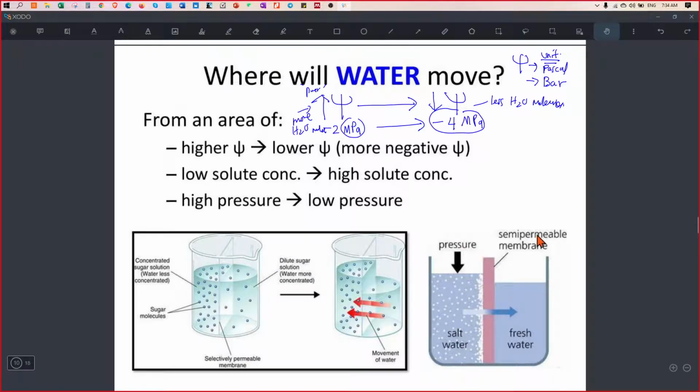For example, in this example here, you have a beaker. In the middle of the beaker you have a semi-permeable membrane. When you exert a pressure on the water, no, don't exert the pressure just yet. If you don't exert any pressure, eventually these two will achieve equilibrium.